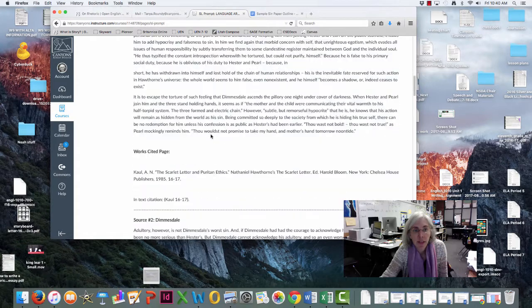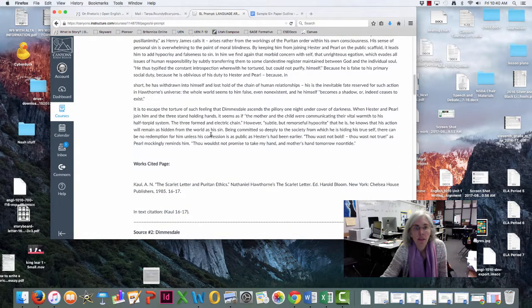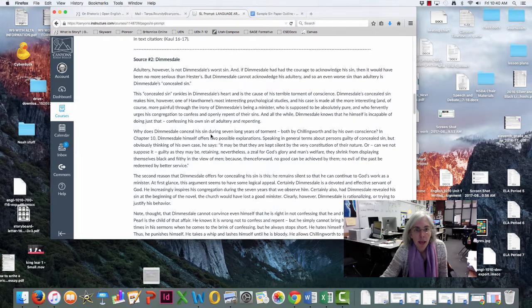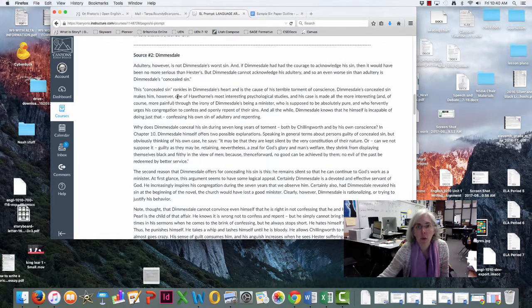Let's see if we find something in Hester here. Where's Hester? There we go. We talk about public scorn and the punishment designed to shame her. So let's say I use this quote here. I put it in.